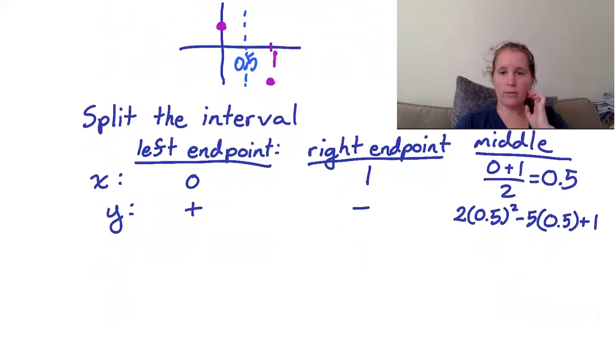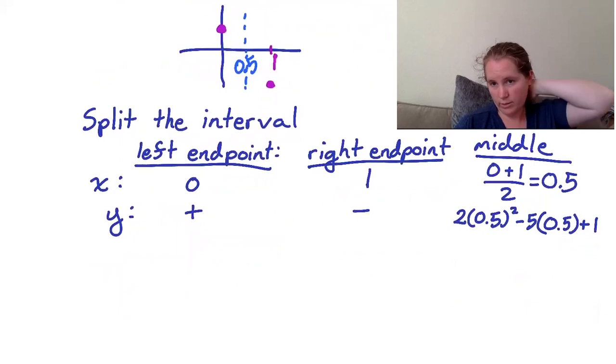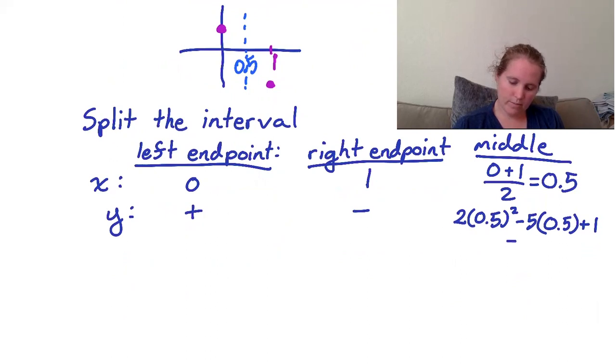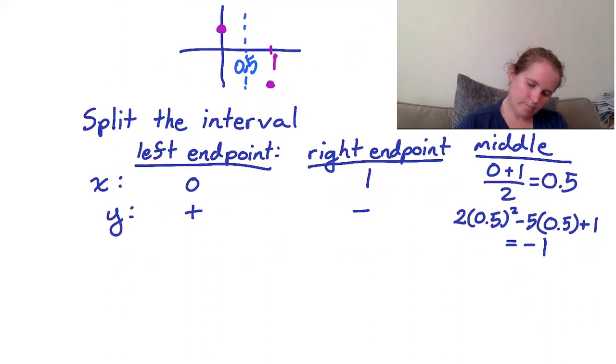So 0.5 squared is 0.25 times 2, we are looking at 0.5 minus 2.5 is negative 2 plus 1. We are looking at negative 1. So we have a negative value in the middle.